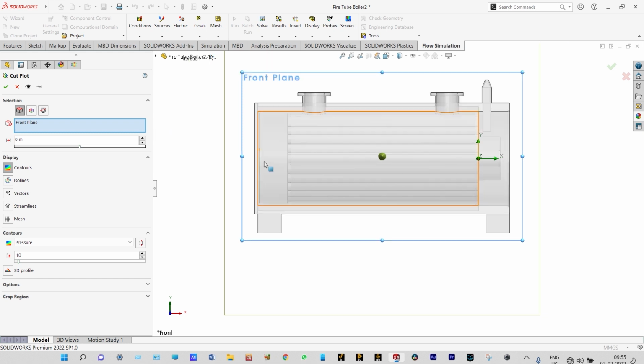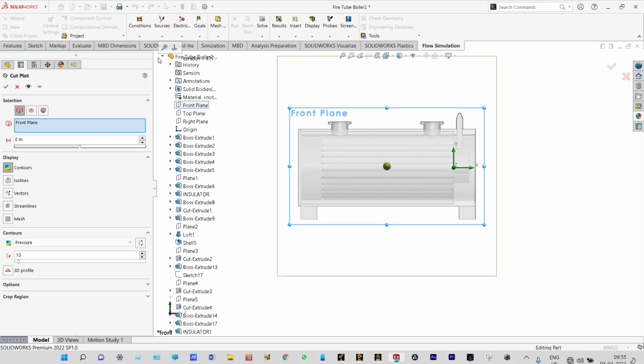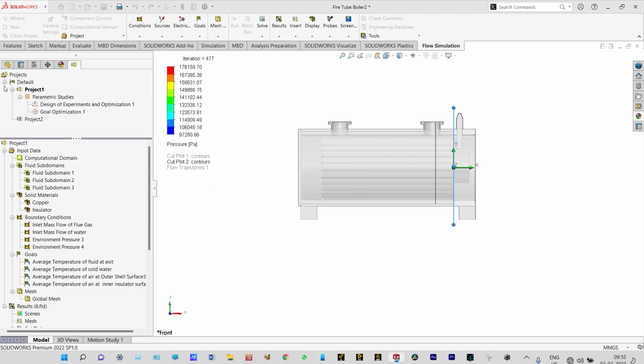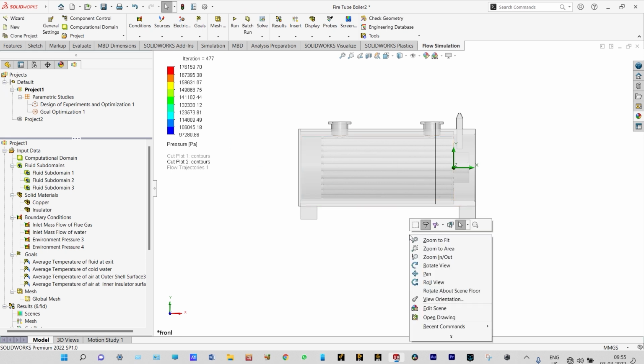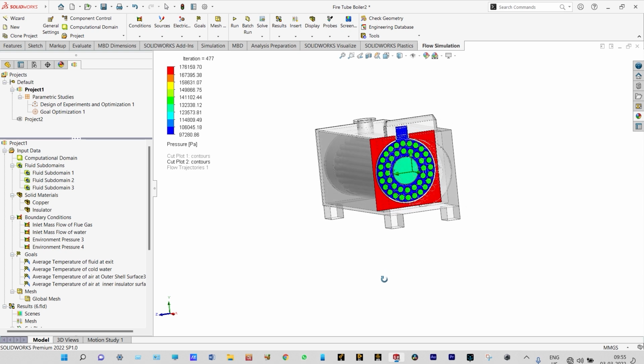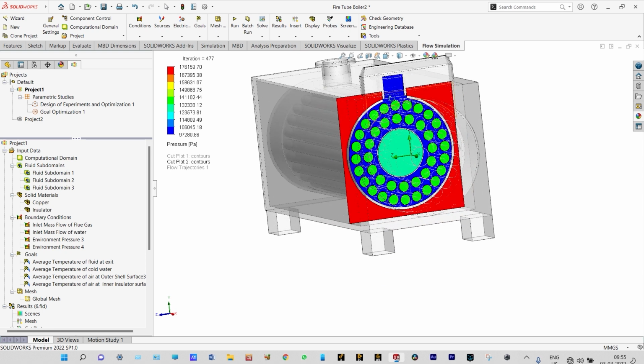We select from right plane, and we can drag it a little bit inside. Done. Let us rotate this one to see this one. Yeah, this is the distribution of pressure from right plane.